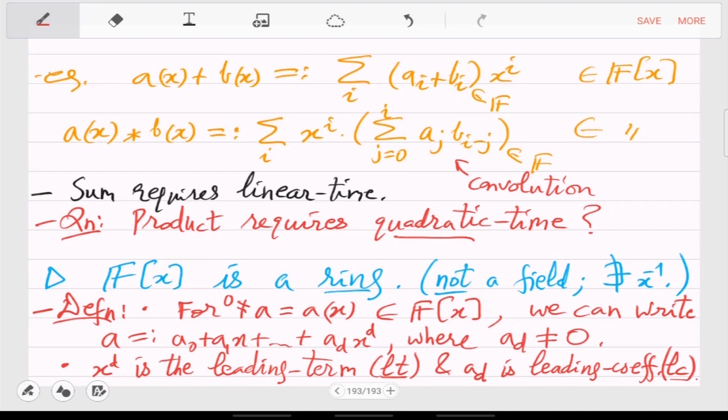A non-zero polynomial has a leading term and a leading coefficient. The only thing missing is A equal to 0, where we can just say that the leading term is 0. Otherwise there is a non-zero leading term with a non-zero leading coefficient. And this d is called the degree.